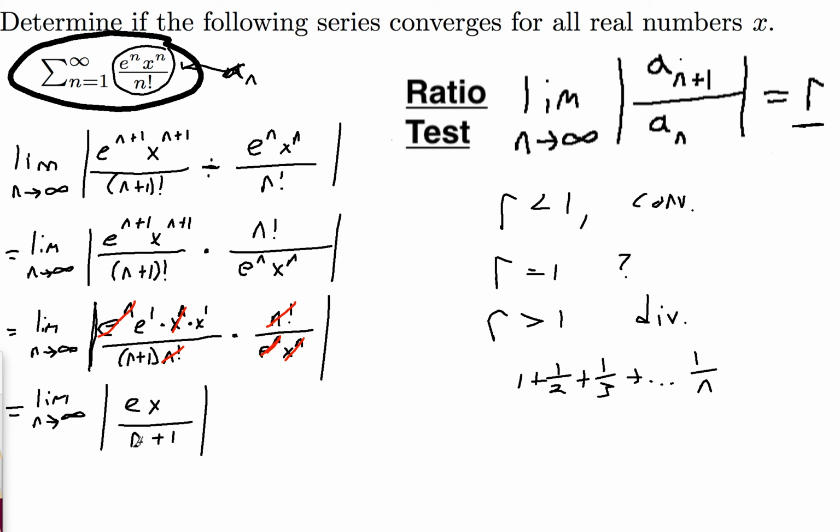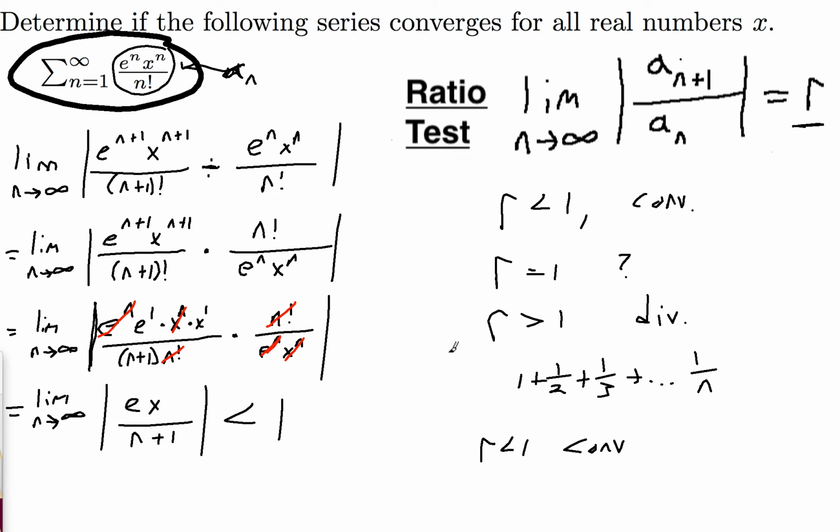Same thing here. e times x could be a billion, but n is still going to be eventually larger, because we're evaluating the limit as n goes to infinity. So this is guaranteed to eventually approach 0. So we know that this is definitely less than 1, as we said was a criterion of the ratio test. r has to be less than 1 to say that it converges.